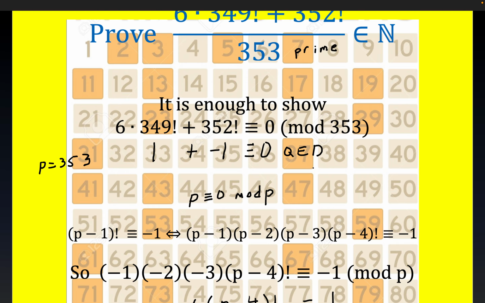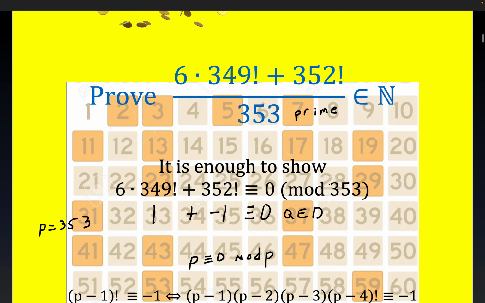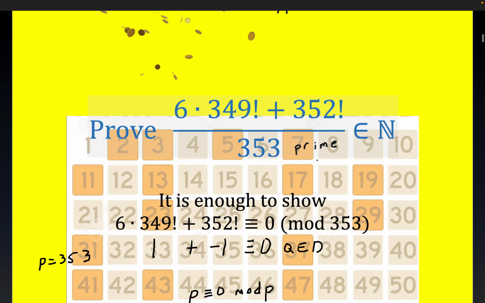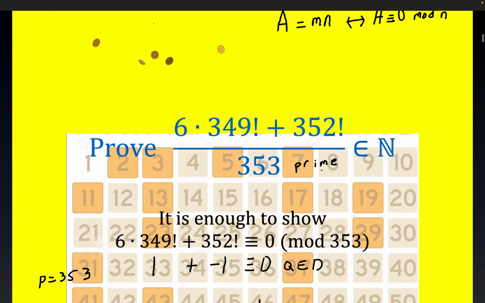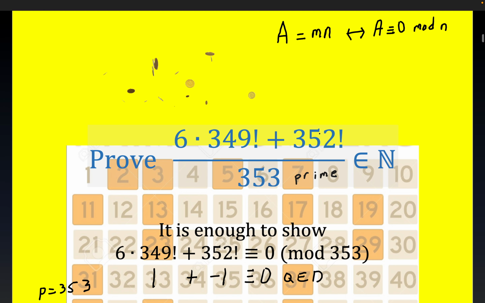creates confusion if you see certain types of problems. And I don't know of another way to solve this problem other than appealing to Wilson's theorem. Given the size of these numbers, you certainly can't just compute and see if it's divisible by 353. You could factor 349 factorial out, and you would have 349 factorial parenthetically times 6 times 350 times 351 times 352.